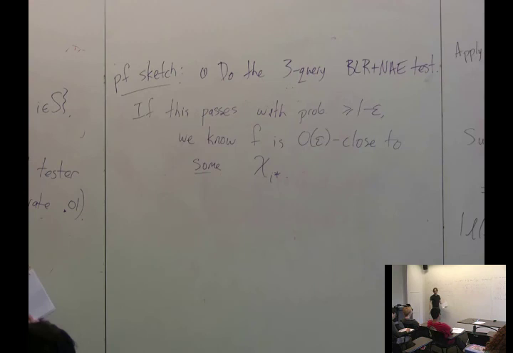We don't know what I star is, but we do know that f is close to some dictator chi I star. So now the next thing we have to do is check that this I star is in this set capital S. If we could do that, then we'd be done.